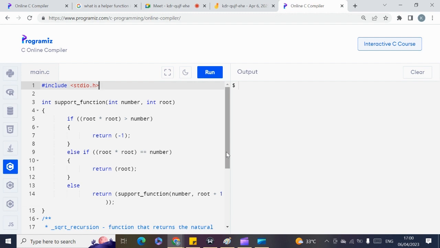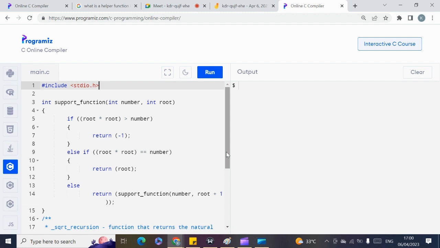For instance, if you want to add numbers, you can write a function just for adding numbers, and then another function just for subtracting numbers. Anytime you need to subtract or add, you call them. That's the purpose of what we are doing: to be able to separate your code.